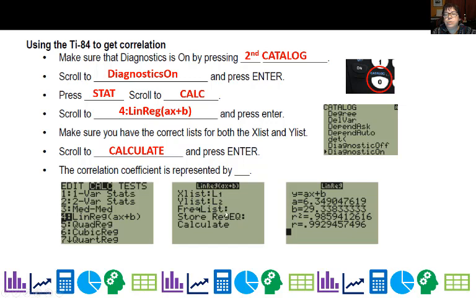Y list is list 2. We almost never deal with the frequency list. If you really want to graph the line, you can do vars and pick Y1 there, but that's not really necessary. Then hit calculate and press enter, and you get this screen. The correlation coefficient is R, which is this value right here, and you can see that matches what we got on our other software.